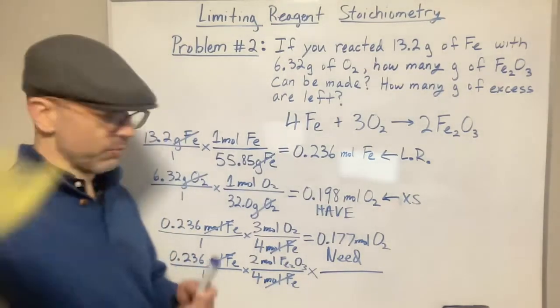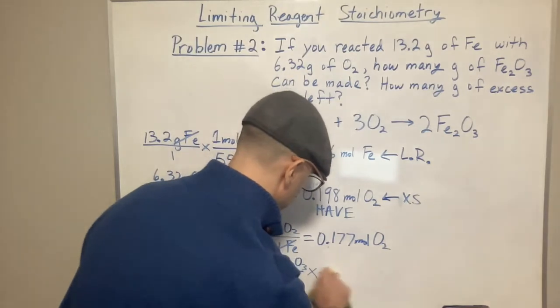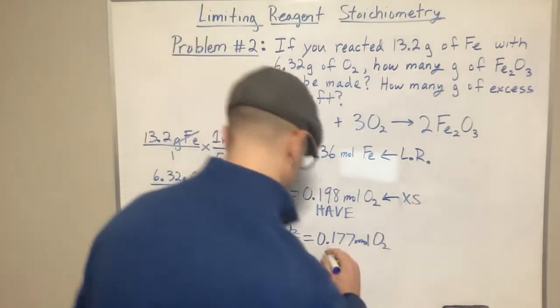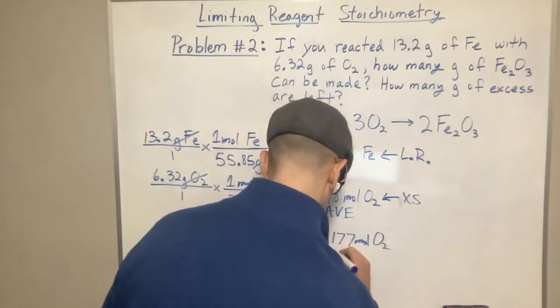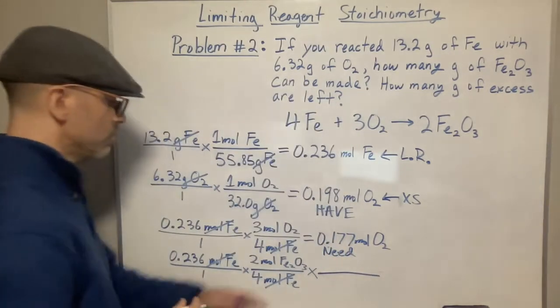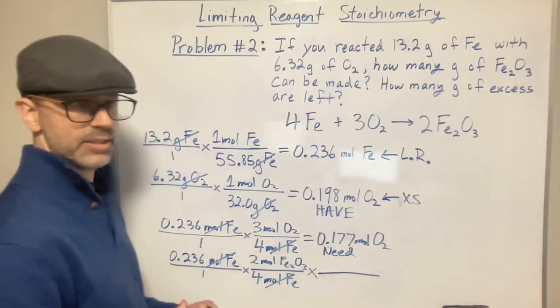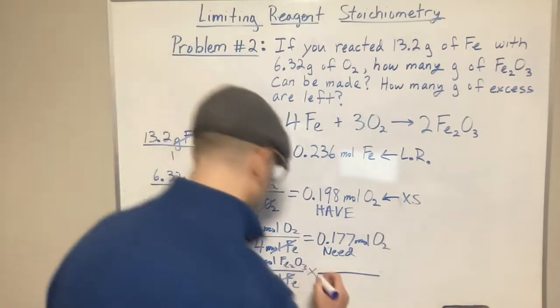So this is the amount I need, and I'm going to use the molar mass. So the molar mass of iron 3 oxide is 159.69.